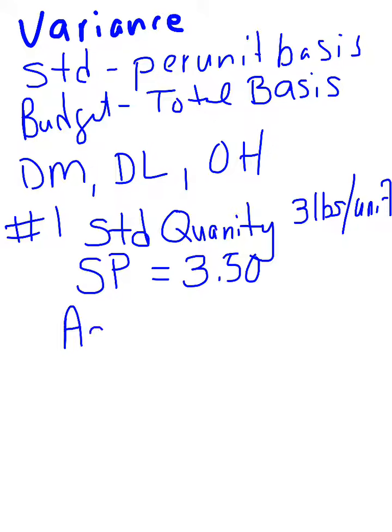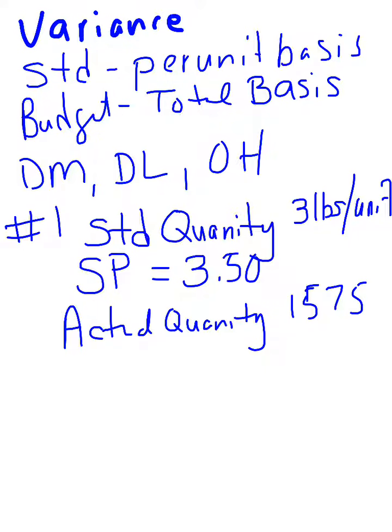and so that would be our actual quantity that we would be looking at, and this is going to be 1,575 pounds. Other information that we may have is actual cost of material purchase. So our actual cost, which would be our actual price, is going to be at $3.40.